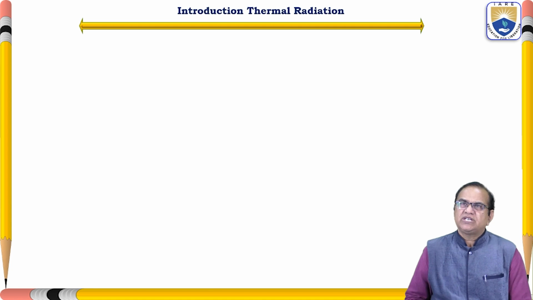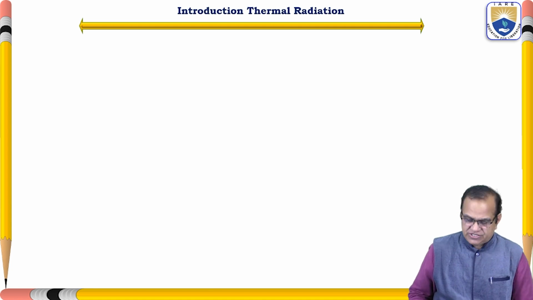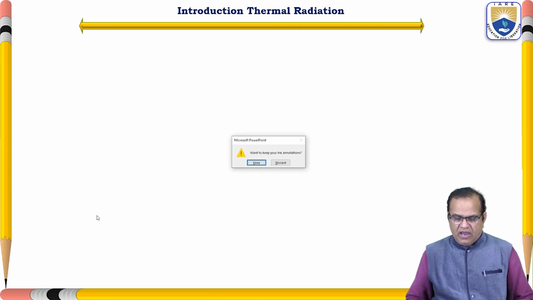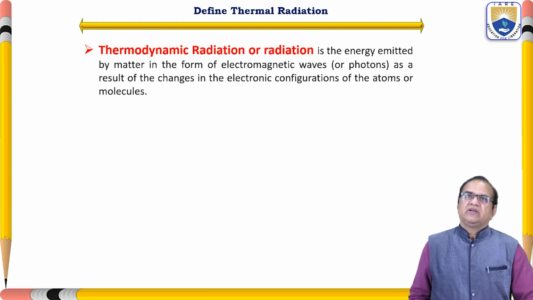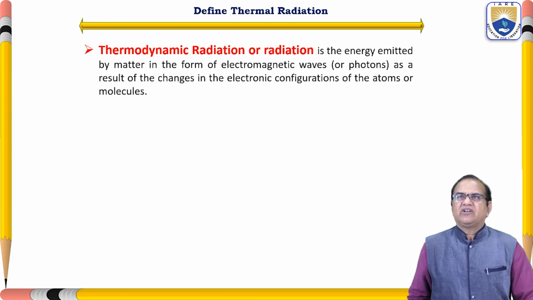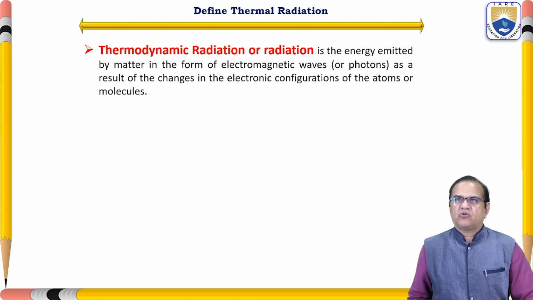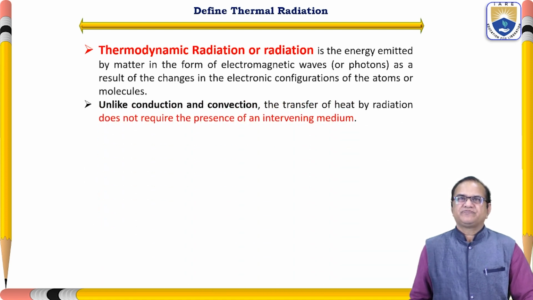Now, introduction to thermal radiation. Define thermal radiation. Thermal radiation is the energy emitted by matter in the form of electromagnetic waves or photons as a result of changes in the electronic configuration of the atoms or molecules.